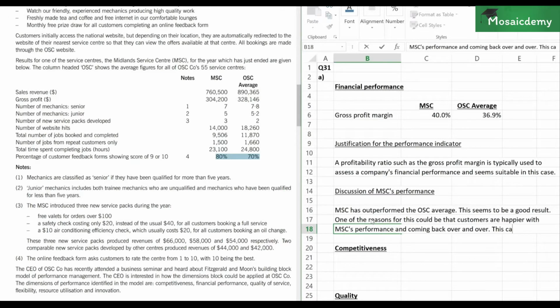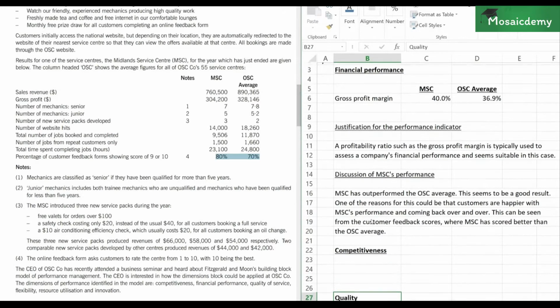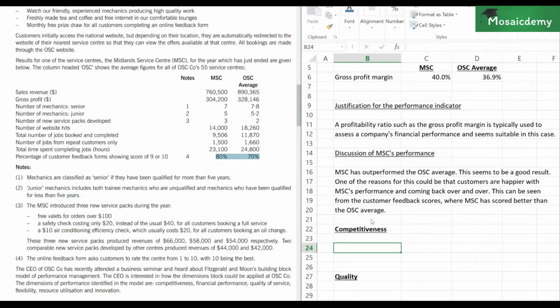This can be seen from the customer feedback scores where MSc has scored better than the OSC average, right? And if need be, we can modify this as we move along and get possibly more information from our analysis below. So for now, let's just move on to the next part.